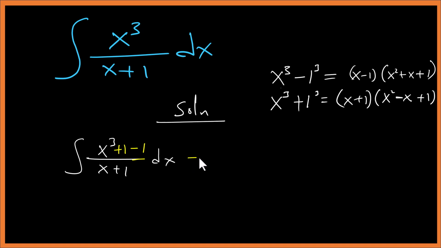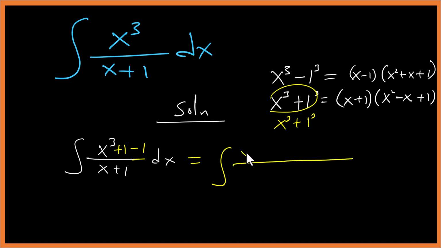So from here I have the integral of x cubed plus 1, and x cubed plus 1 cubed, where 1 cubed is the same as 1. So we have x plus 1.